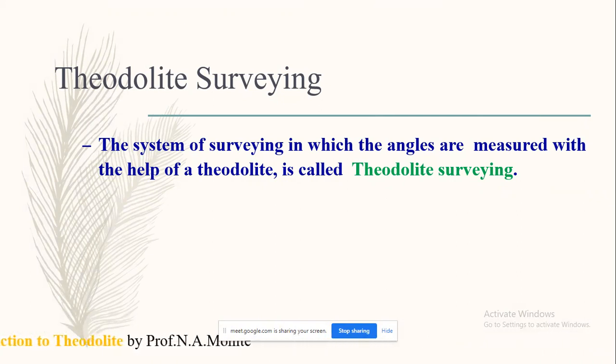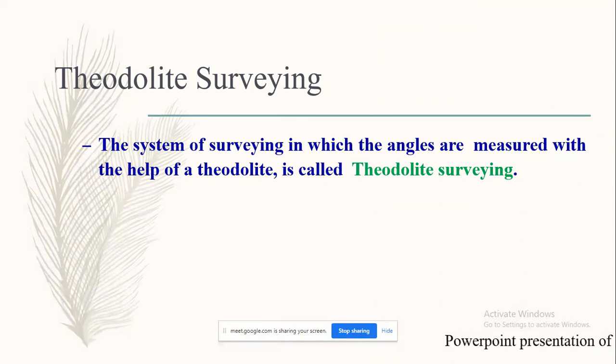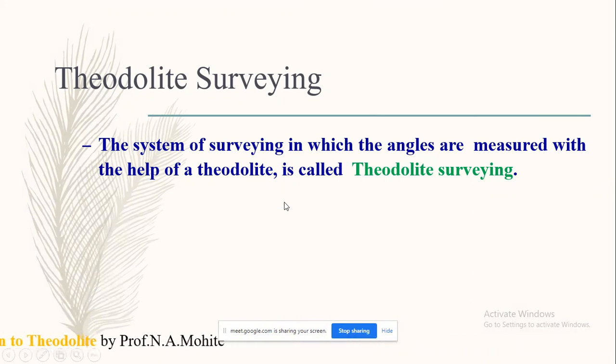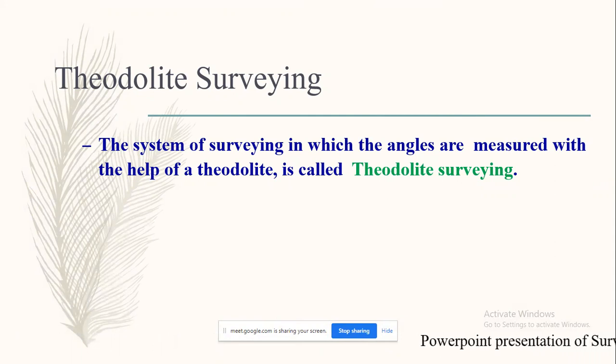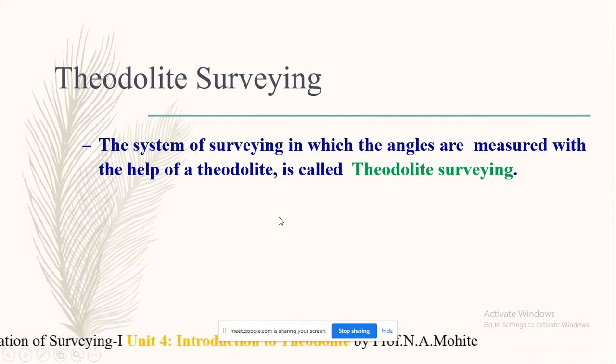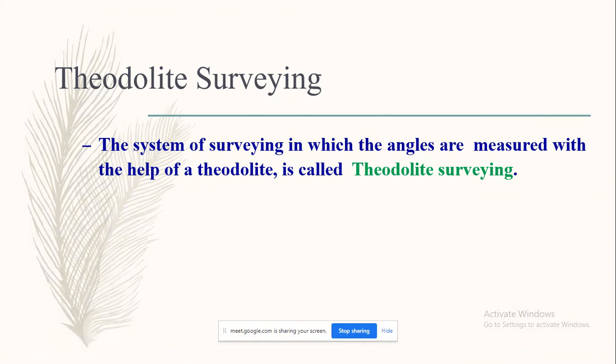So instead of making use of all these instruments, we can make use of only a single instrument, that is nothing but our theodolite. In this surveying, the angles are measured with the help of a theodolite, that is nothing but theodolite surveying. In general, the surveying in which the angles are measured with the help of a theodolite is called theodolite surveying.